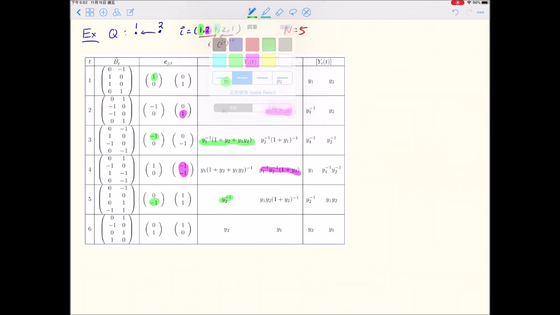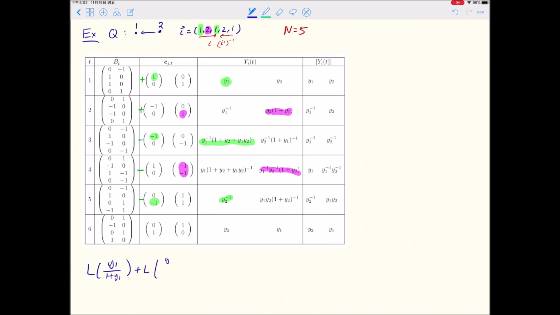Let me just write it down. So if I write down the equation of the previous identity, then what I get will be another version of the pentagon identity. So the first 2 will be positive, and the last 3 will be negative.